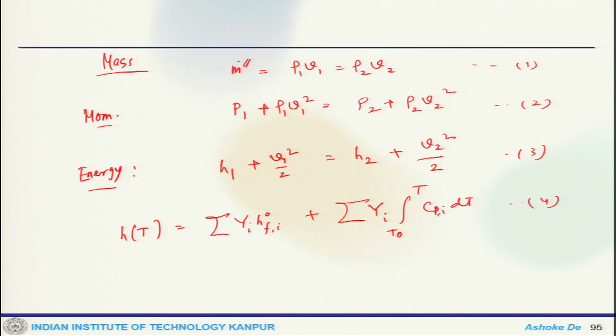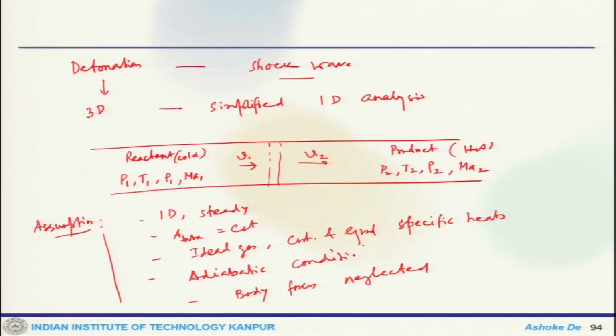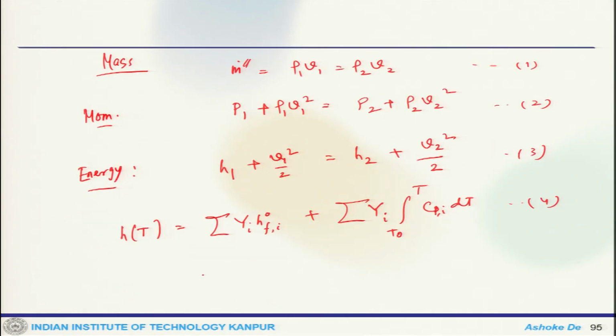Since we have made an assumption of constant and equal specific heats, this equation can be written as summation of yi times hi plus Cp into T minus T naught. So, this is what I will get as my enthalpy.